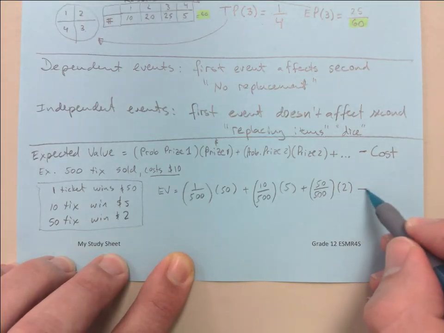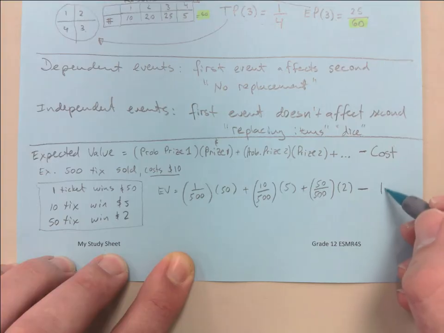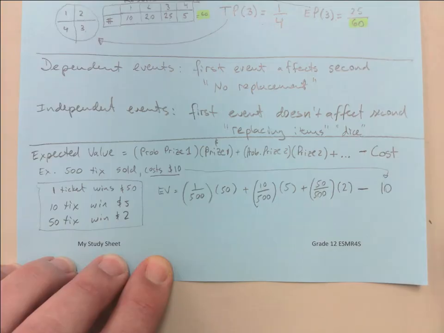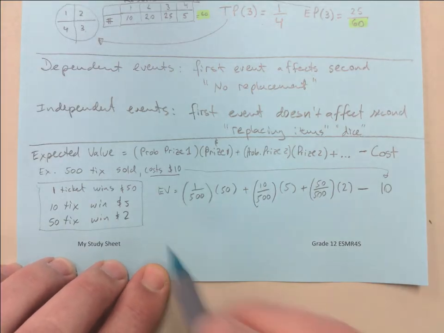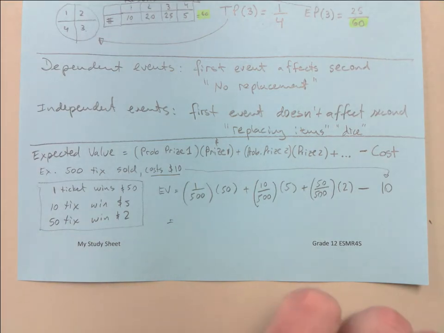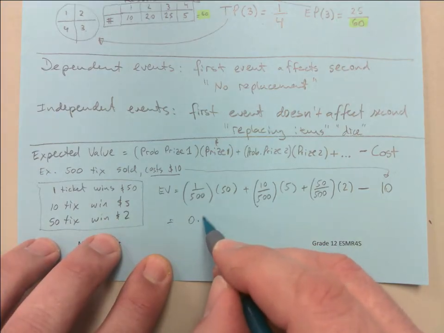And then, last but not least, minus the $10 that it costs to play. This always goes at the end there. Should I calculate this? I can, why not? 1 divided by 500 times 50. So this would be 0.1.